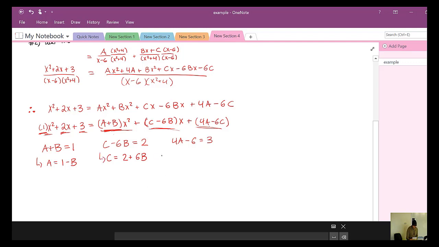So then this equation will become 4 times (1 minus B), minus 6 times (2 plus 6B), equals 3.